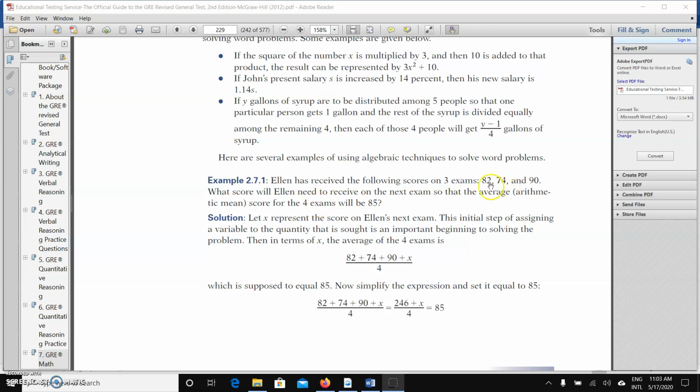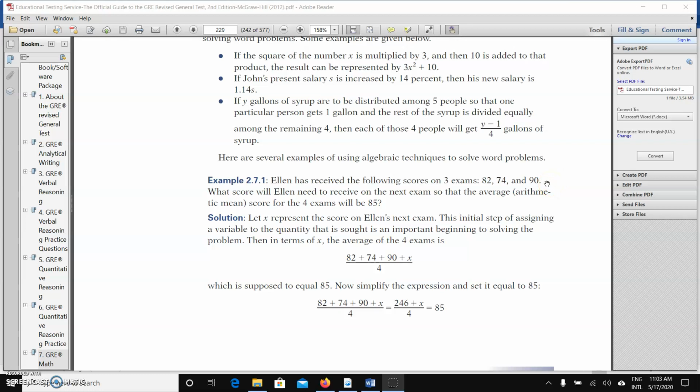Now, the total here is, since they now say that it needs an additional exam, so this is the average. 85 is the average. What is the last score that it needs to get to make 85? Now, you add the total, so you use 82 plus 74 plus 90 plus x. X is the last one we don't know.